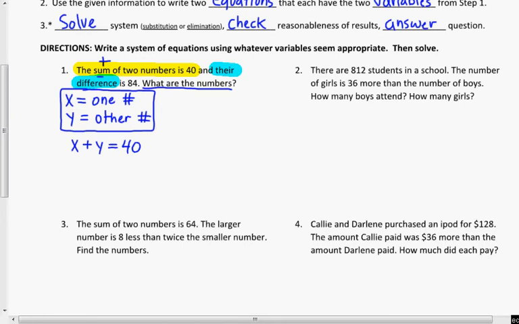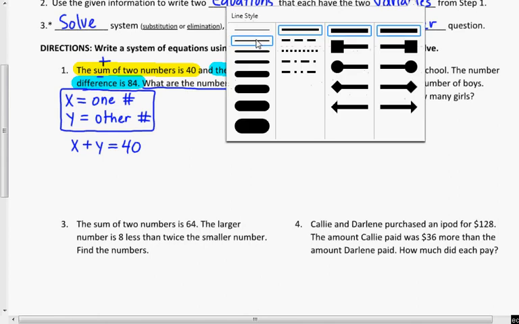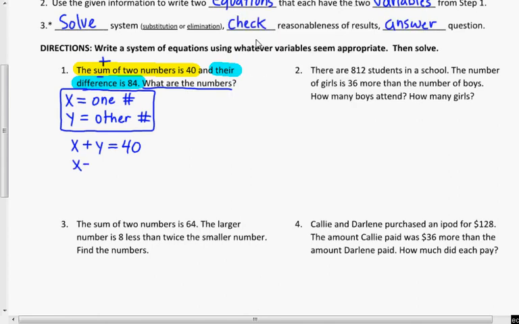In other words, if I subtract x minus y, it will equal 84. So those are my two equations. And now I need to solve this system. So this setup is perfect for using the elimination method. That's what I'm going to do.